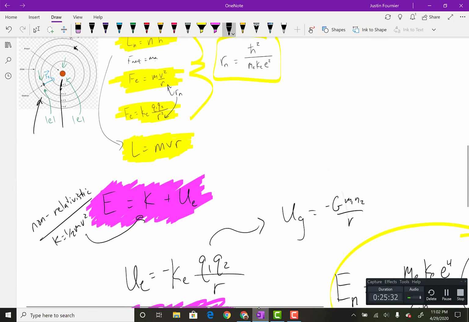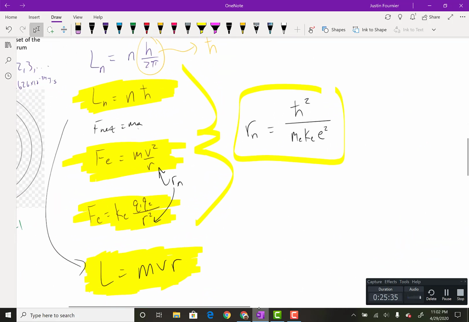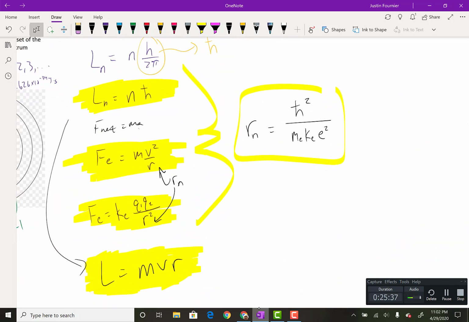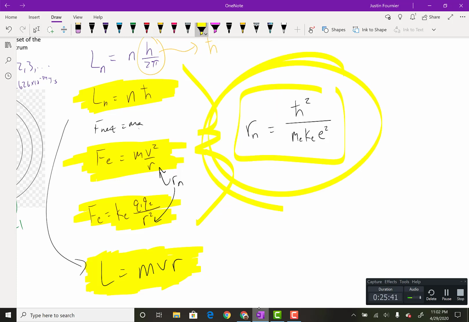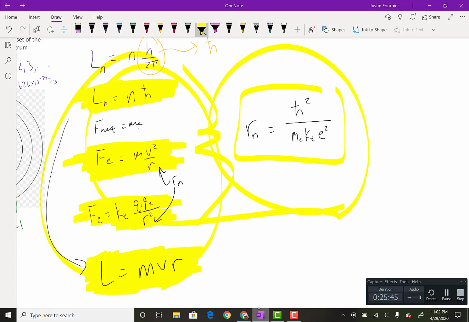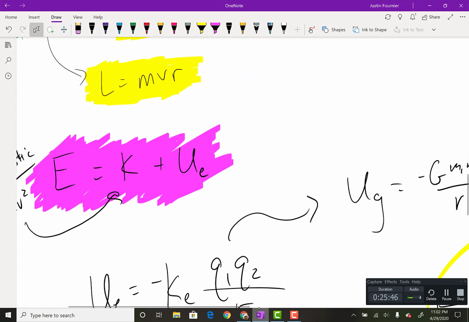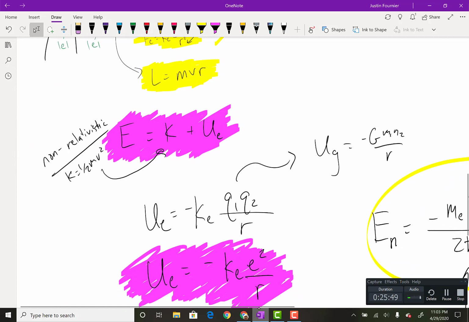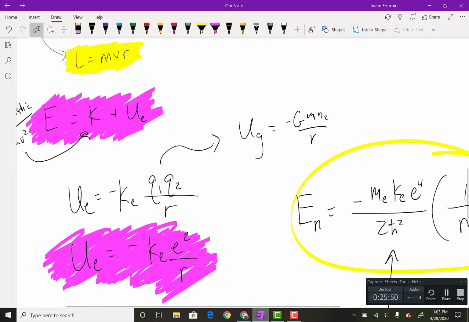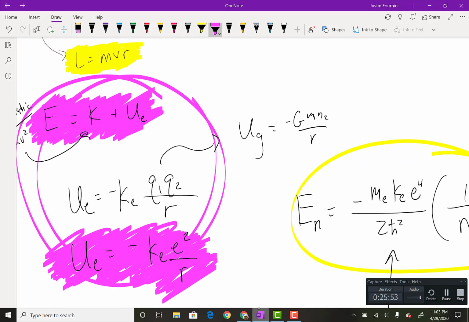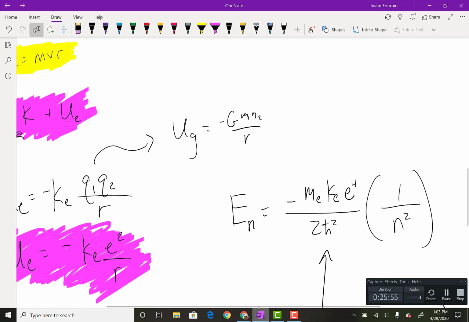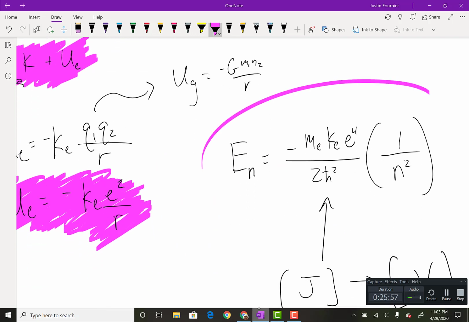So again, you're doing a derivation using those equations to get this equation that's highlighted in yellow here. So you're using the first 4 equations here to get this. And then you're going to use the equations that are highlighted here in order to get this.